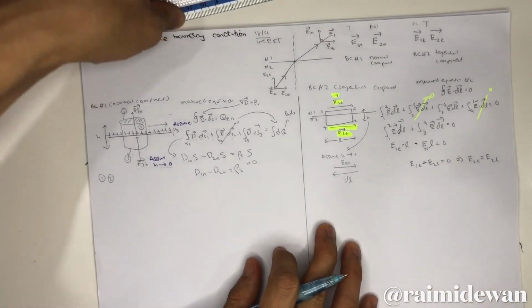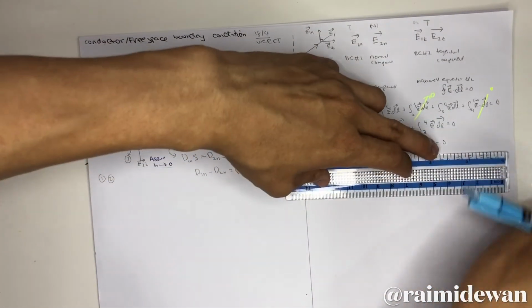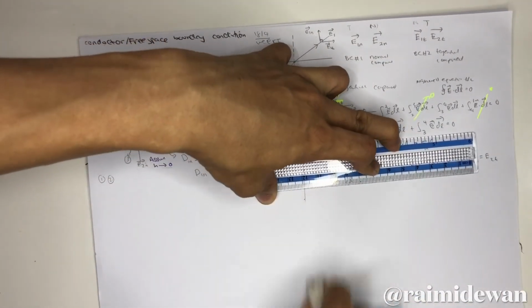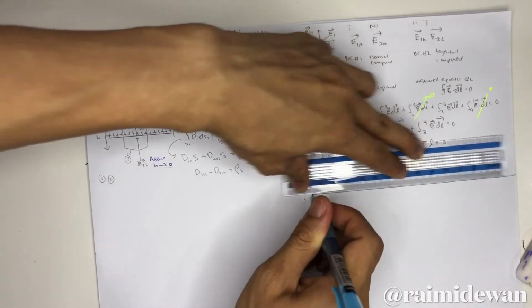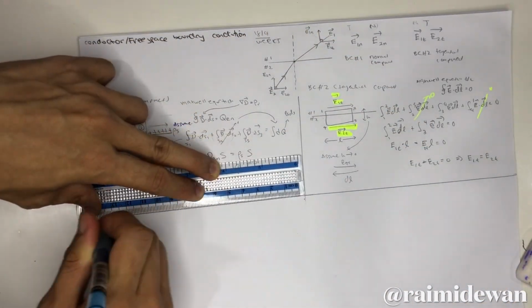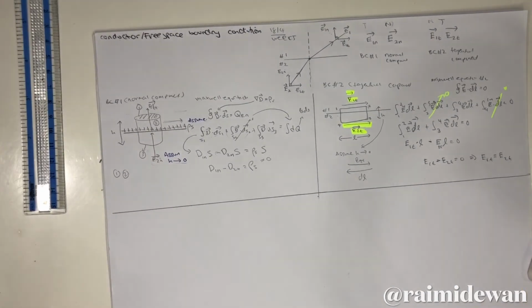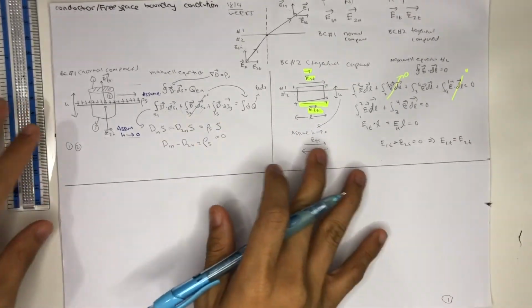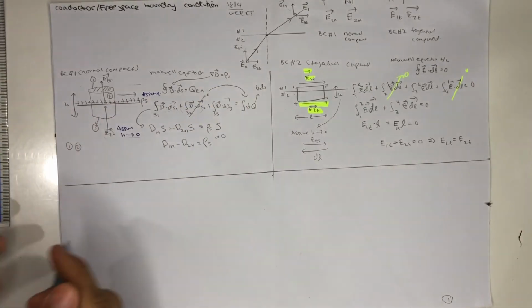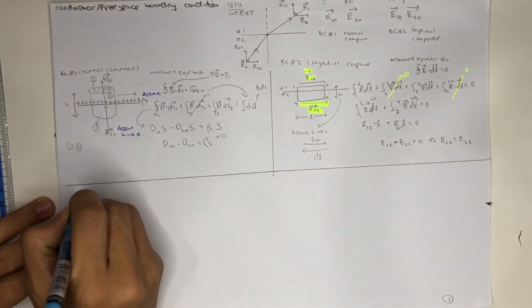We have these conditions already, so let's make some comments on what we have gathered. Now I want to continue to make some generalization about this. So now we come to the conductor.